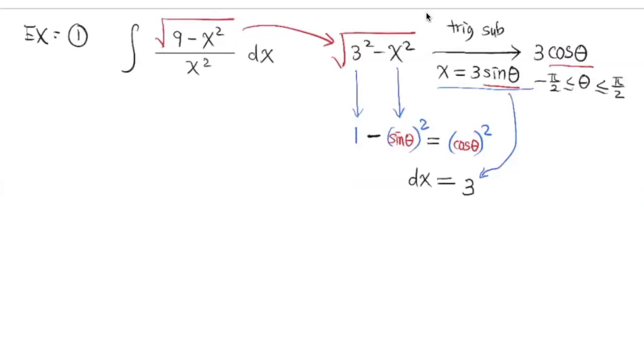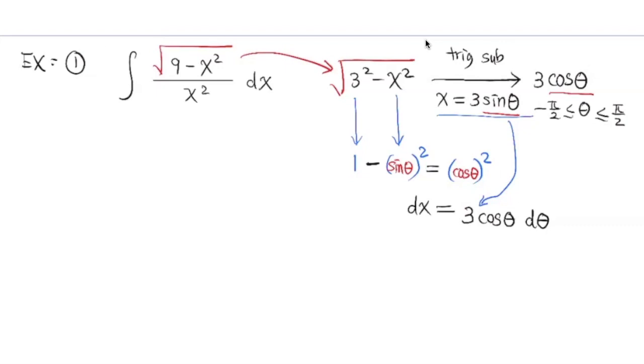What's the derivative of sine theta with respect to theta? Cosine theta, right? And don't forget to put a d theta. So we get dx is 3 cosine theta d theta. The derivative of sine is cosine, and then put a d theta at the end.